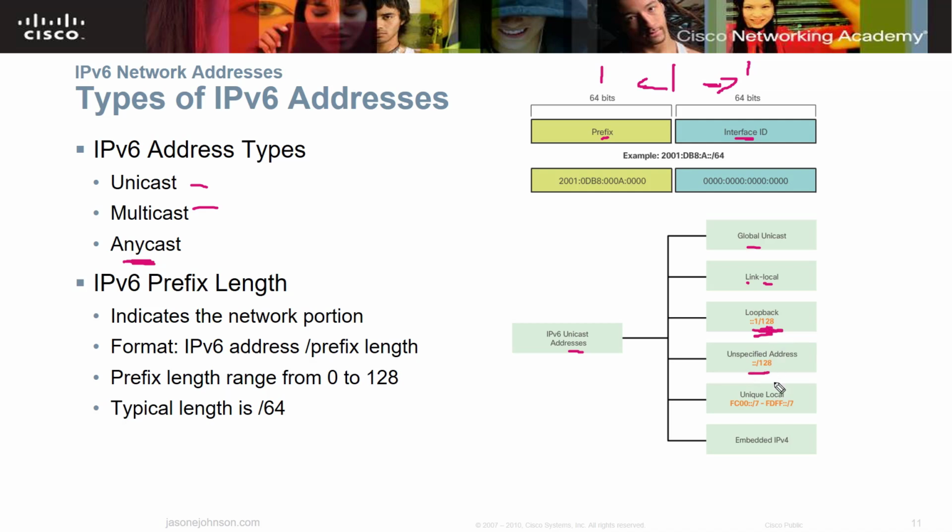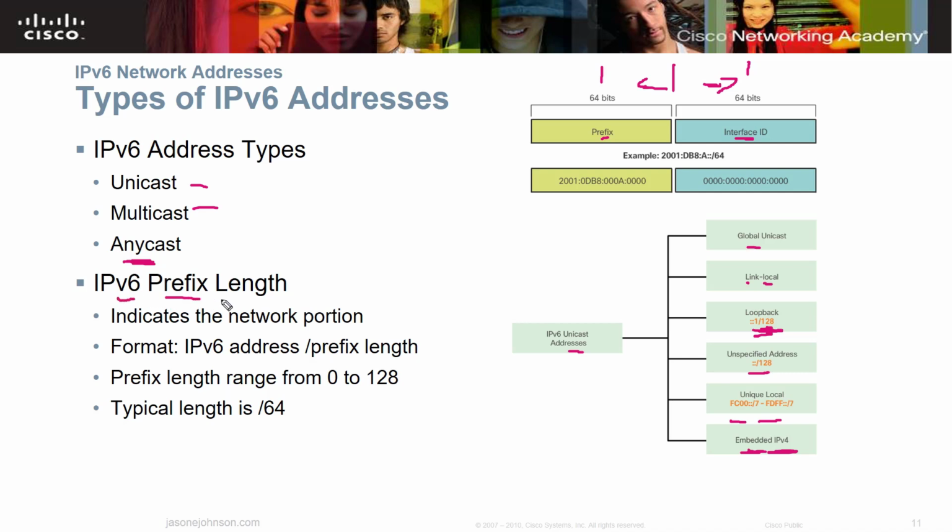Unspecified address is ::, and then unique local is FC00::/7 through FDFF::/7. And then you have embedded IPv4 in the V6 unicast address as well. So you have the V4 address, your octets, built inside those numbers. They're just converted to hexadecimal.